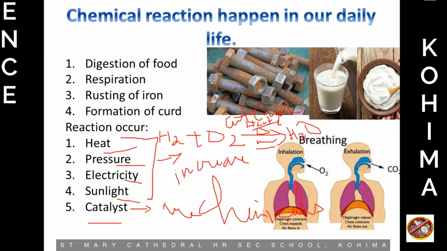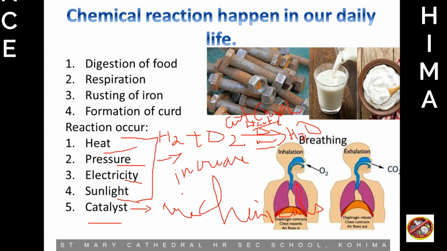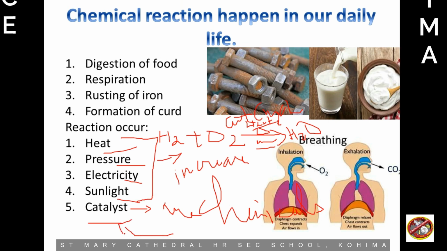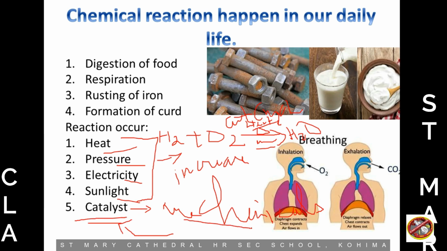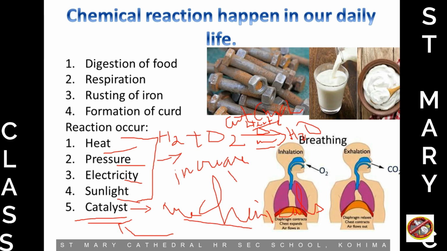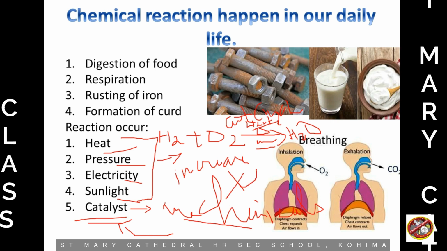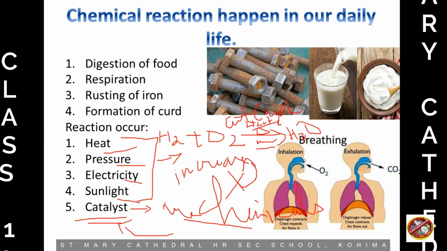If we don't use this method, some reactions need a catalyst to be boosted up. So if they ask you to define catalyst, your answer will be: they are those chemicals which increase the rate of reaction without taking part in the reaction.